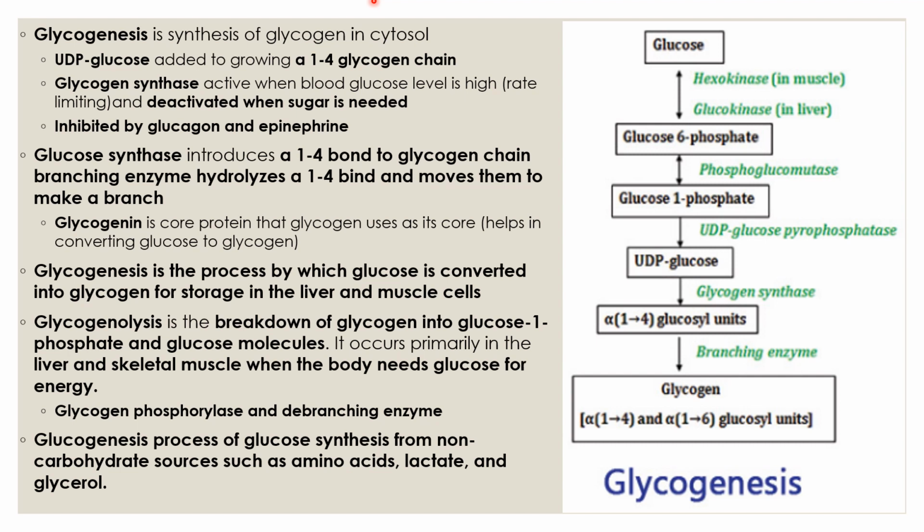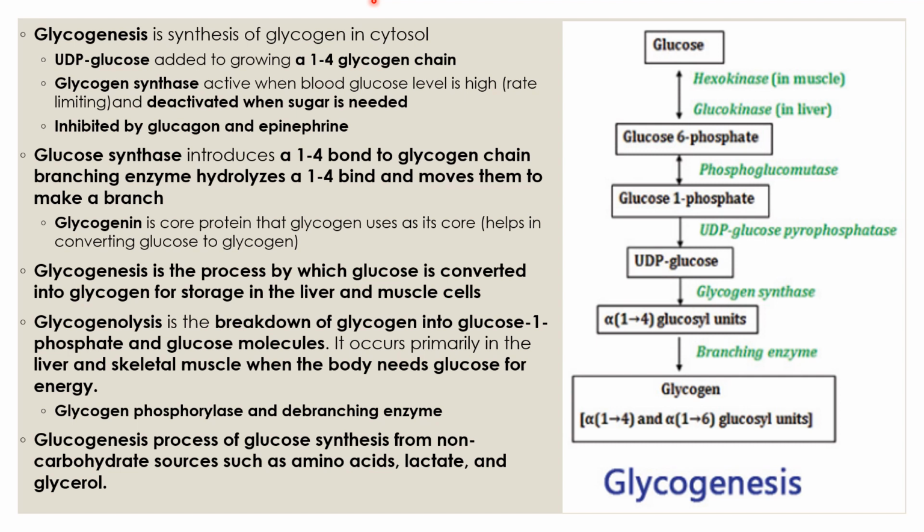Oh, I forgot to say something. With the first process, glucose into glucose 6-phosphate, it's hexokinase, and glucokinase in the liver. So during glycogenesis, because it happens to be stored in the liver, glucokinase is here. So here it's not just going to be hexokinase, it's going to be hexokinase and glucokinase.